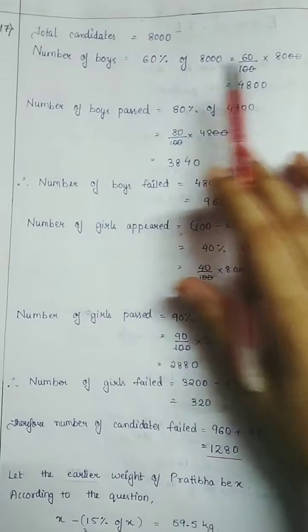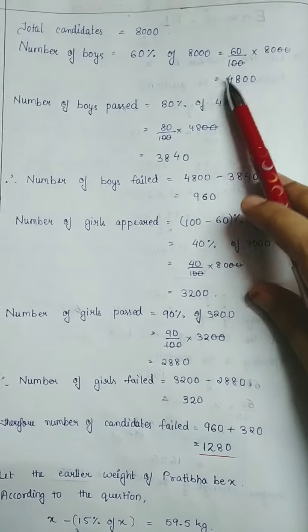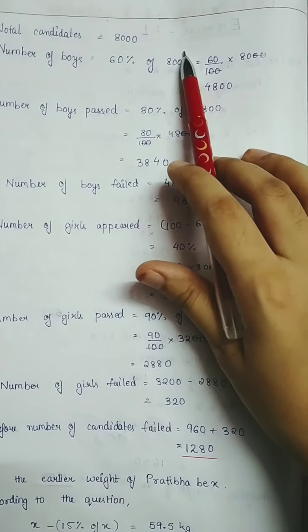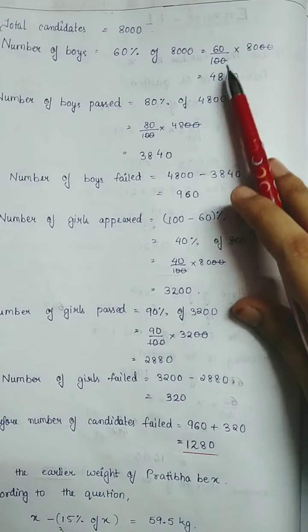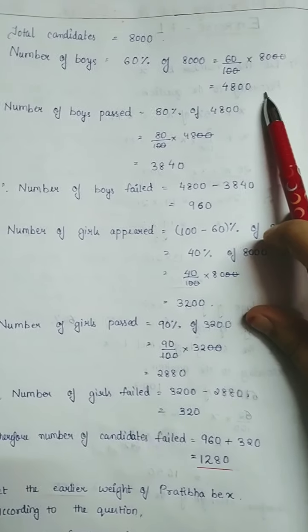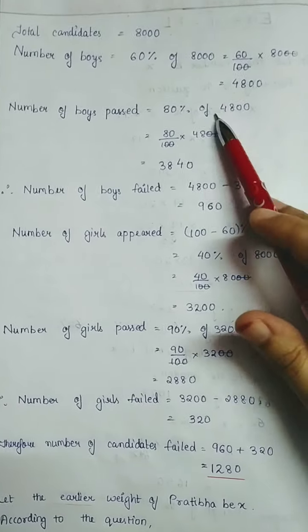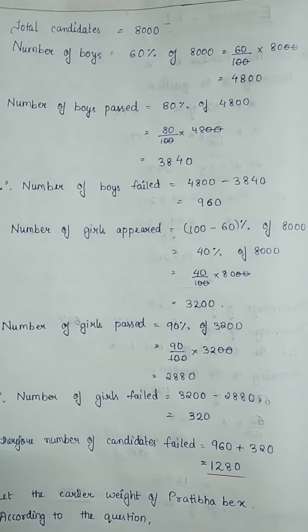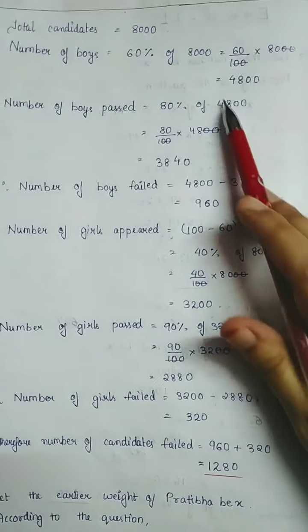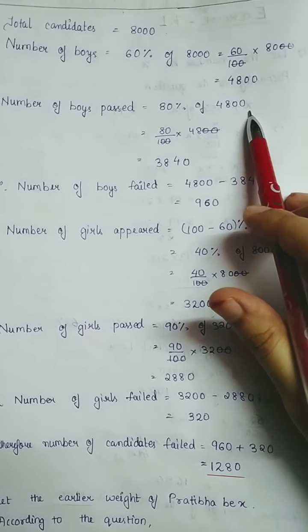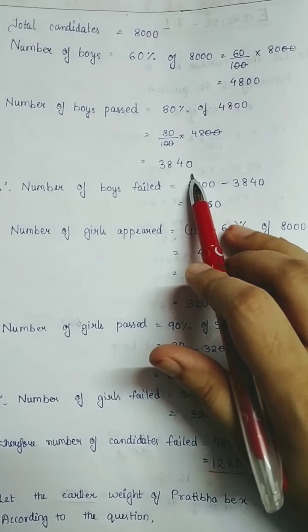Then number of boys is equals to 60% of 8000. That will be equals to 60 by 100 into 8000, that is 4800. Now it is written 80% of the boys passed who appeared in the exam. So 4800 has appeared, so 80% of 4800 is equals to 3840.